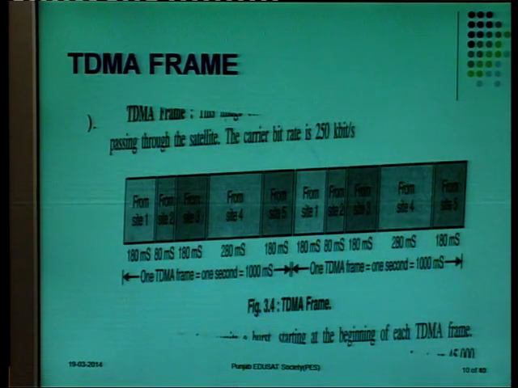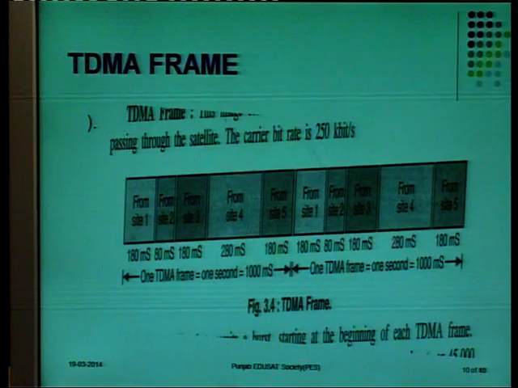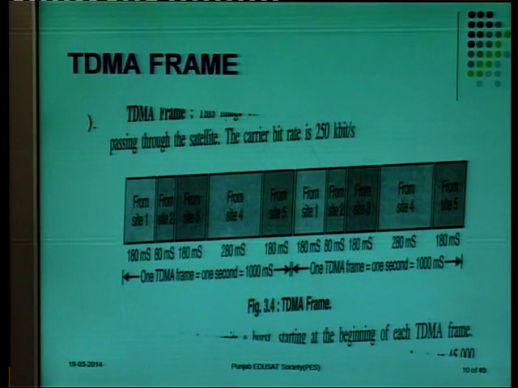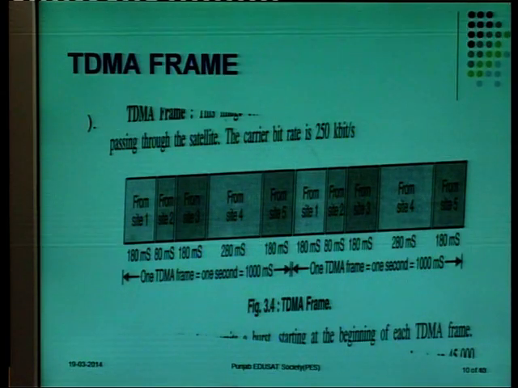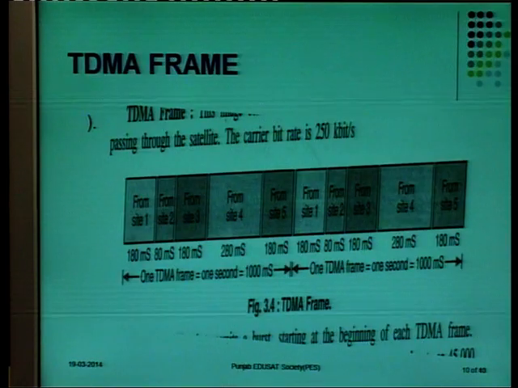This is the frame of TDMA. The 1 second can be allotted among 5 users like this. For site 1, 180 millisecond is allotted. For site 2, 80 milliseconds. Site 3, 180. Then site 4, 280 millisecond, and site 5, 180 millisecond, and there is a 20 millisecond guard band in each of them.